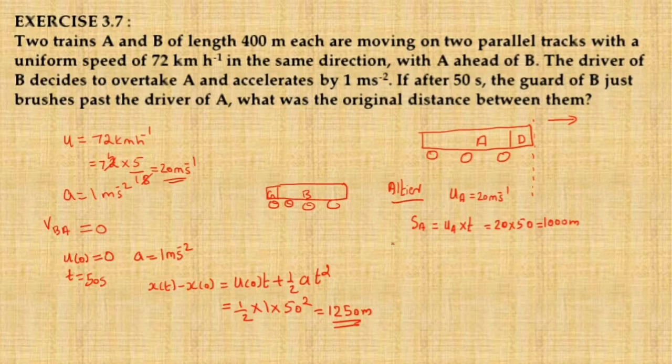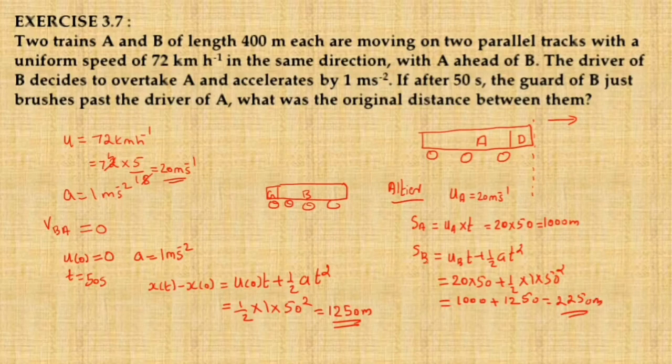Okay. If so, what is the distance traveled by the train B in 50 seconds? So SB is equal to, once again use the formula, the train B is now accelerating. So we can write UBt plus half into at square. The velocity UB is the same, 20 into 50 plus half into acceleration 1, time once again 50 square. You will get 1000 plus 1250, that is equal to 2250 meter.